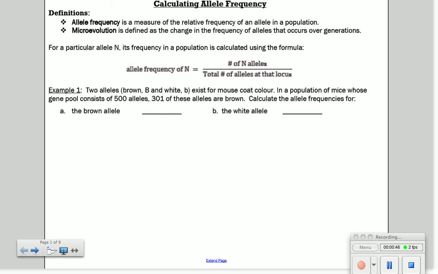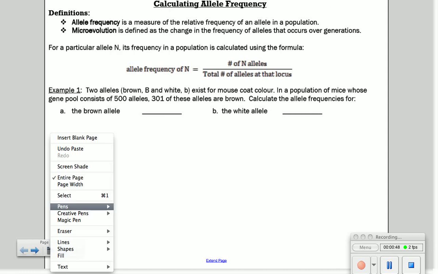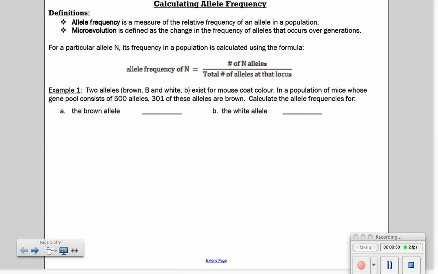So for brown, let me get my pen here. For brown, I have 301 out of 500. So they already gave me allele numbers. So 301 divided by 500 should give me around 0.6.